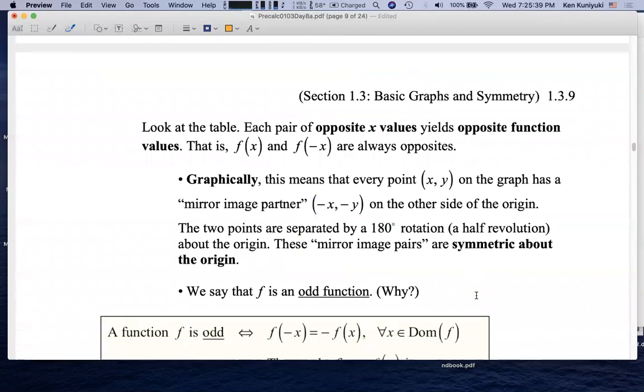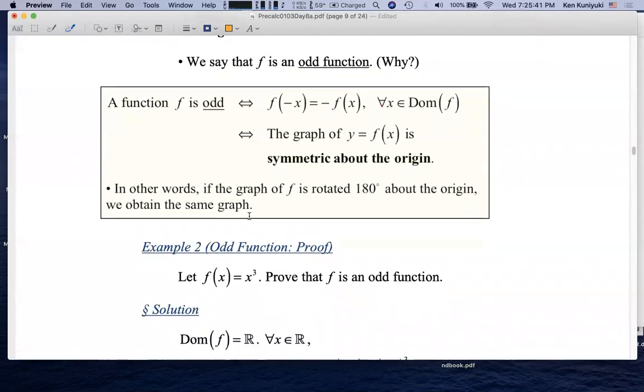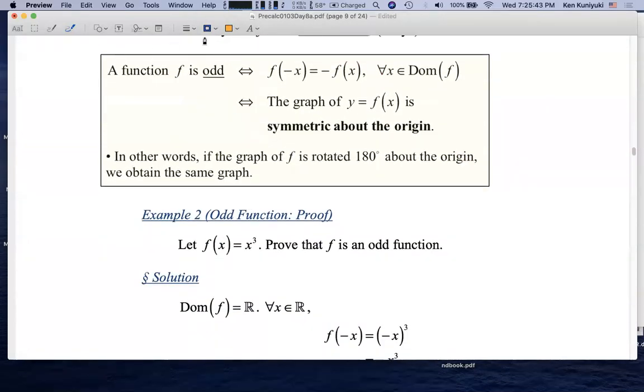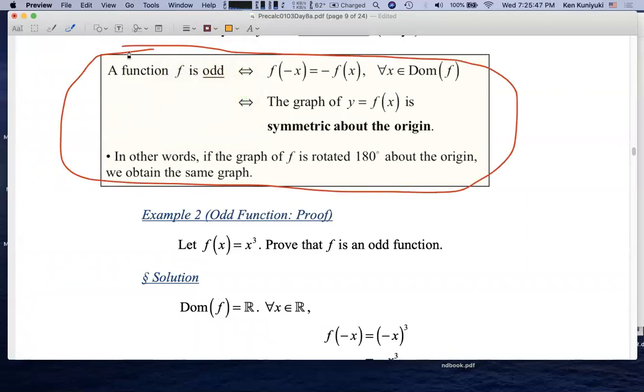In general, in order for a function to be odd, whenever you input opposing values of x on the domain of f, the resulting function values are opposite. The y-coordinate at opposite x is the opposite of the y-coordinate at x.